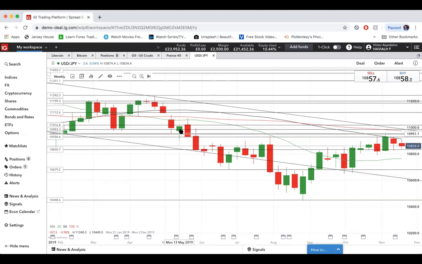For instance, this is a hammer right here. Price is falling and a hammer shows up. But why is it that this is not a reversal for price to change? Because at the point that the hammer showed up, reversal is not about to happen yet, because price is journeying all the way down. So at this point, there is nothing strong and significant to cause price to change in the opposite direction.